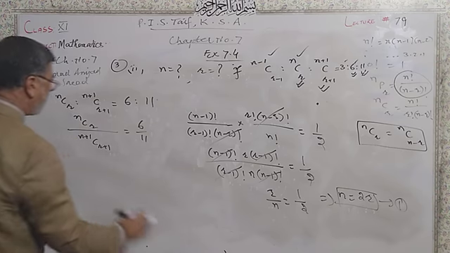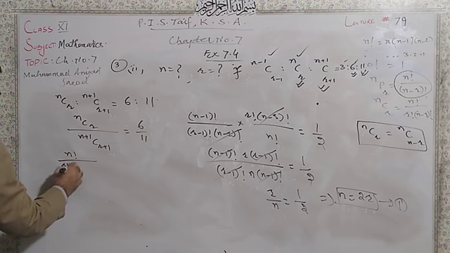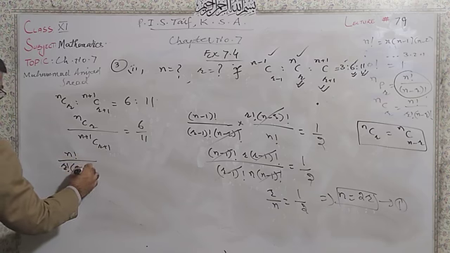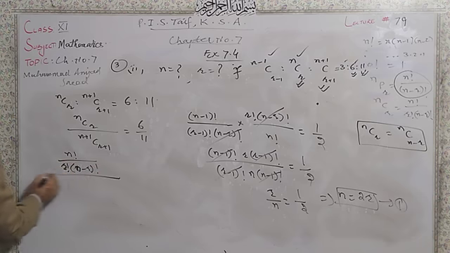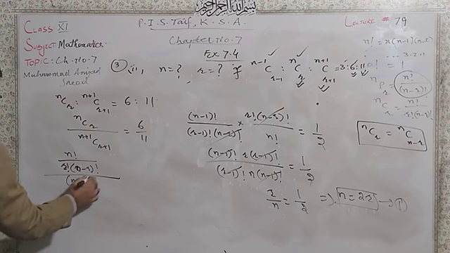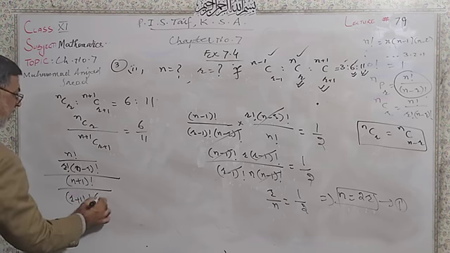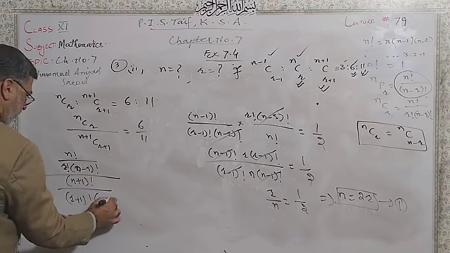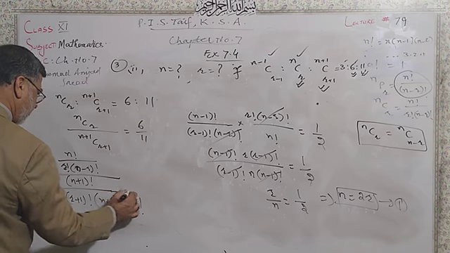So dear students, we can apply the formula: n factorial over r factorial into n minus r factorial, whole divided by n plus 1 factorial over r plus 1 factorial into n plus 1 minus r minus 1 factorial.